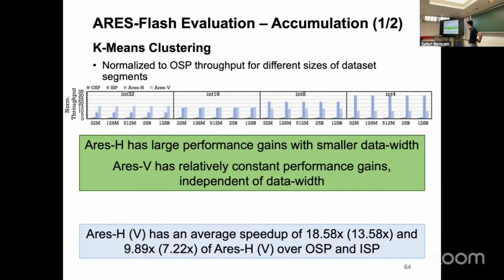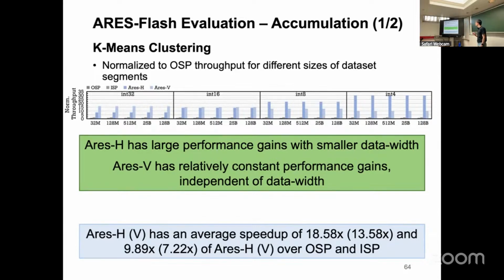So with 32-bit integers, it loses against RSV. However, for 4-bit integers, it quite significantly outperforms RSV. And RSV is relatively constant in terms of performance gains, independent of the data width. So then here you see the numbers.